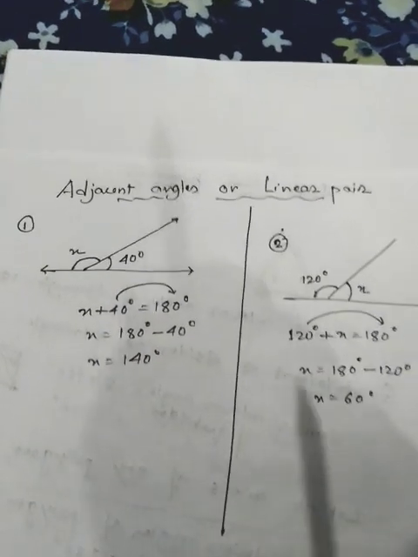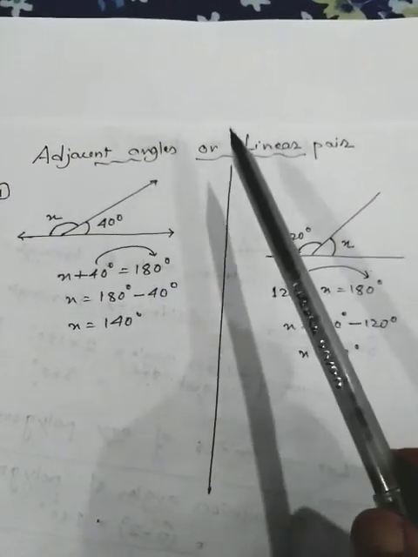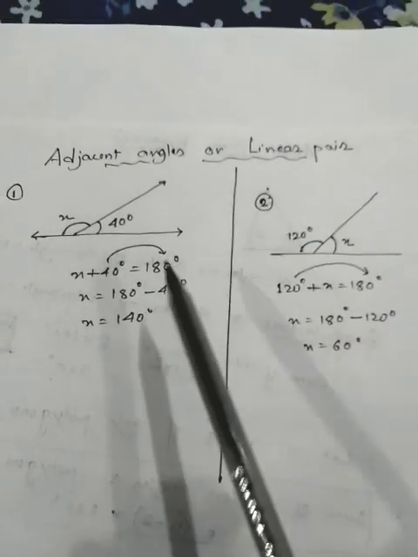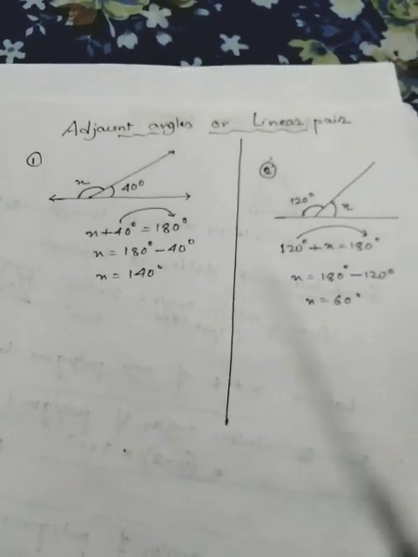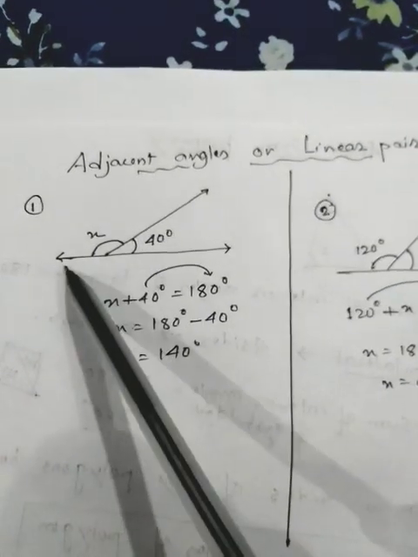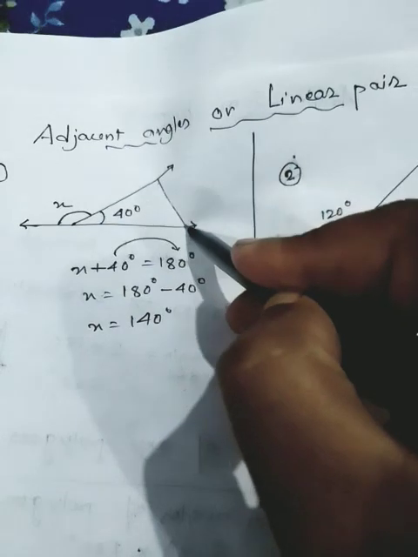Now, one more thing that you have to understand before we get on with the exercise. Adjacent angles are also called a linear pair. So you have to understand what a linear pair is and how to find it. What is the relation? Suppose a line is drawn like this, and suppose I complete the figure like this.